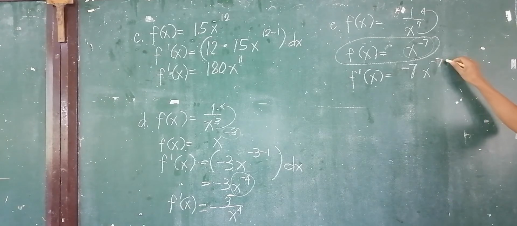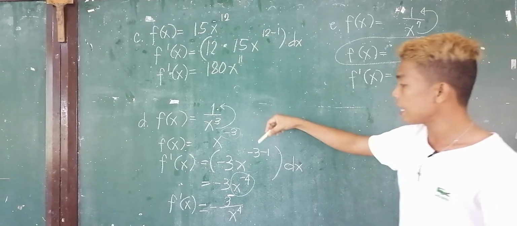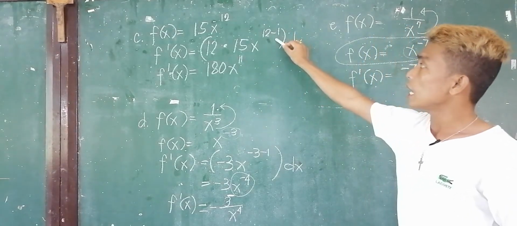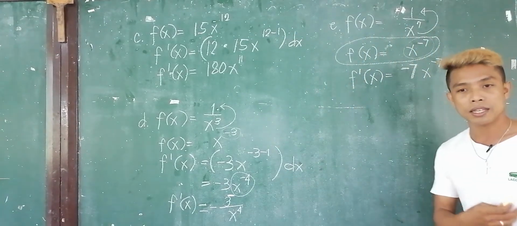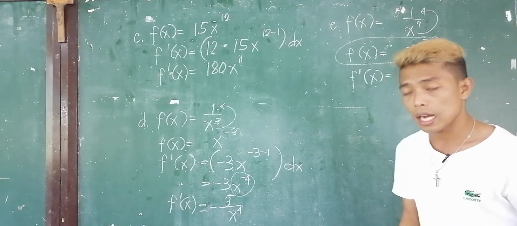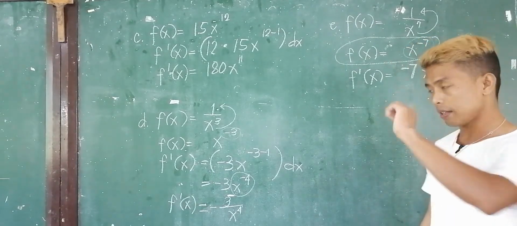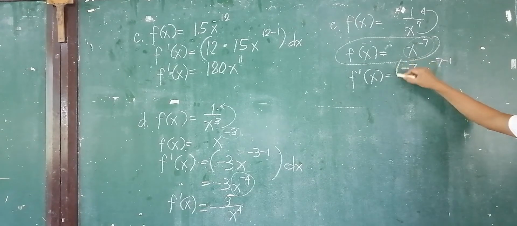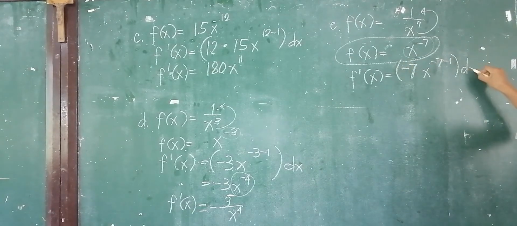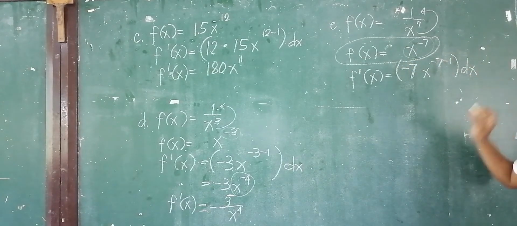And then, bawasan ng 1. Yung exponent. Yan palagi ang ginagawa, ha? Kapag naghahanap ng derivative ng isang function, binabawasan lang ang exponent ng 1. And then, dx. Ibig sabihin, with respect to x.